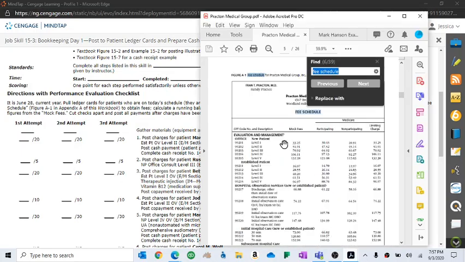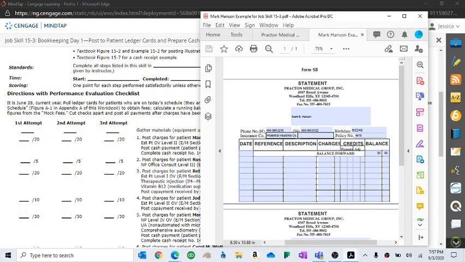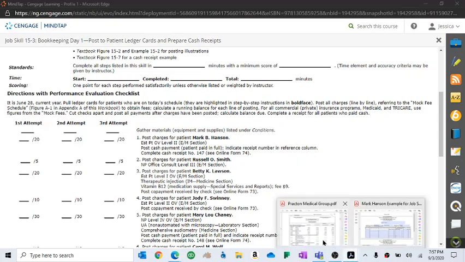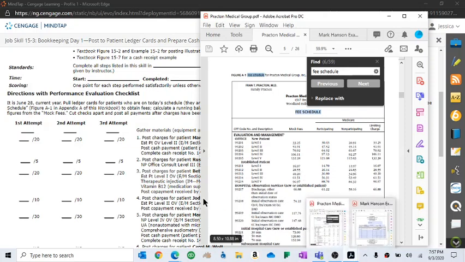This is new patient, so no, that's not where we need to be. Established patient, level 2, the 99212. His ledger card shows he has private insurance, Prudential Insurance Company, so we're going to use the mock fee for him. The level 2 mock fee is $28.55.